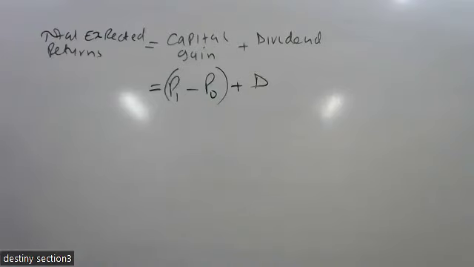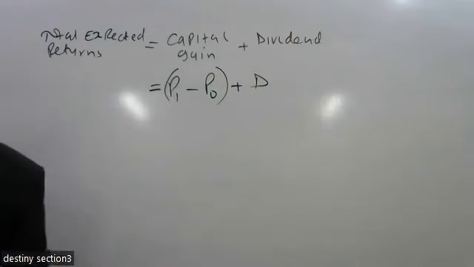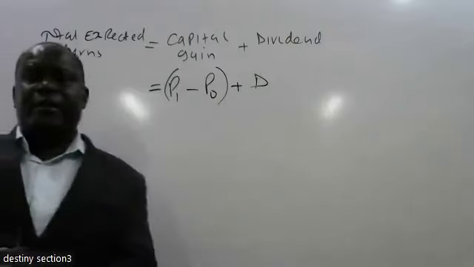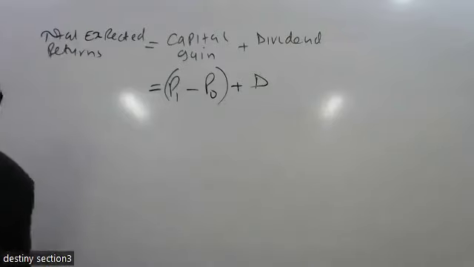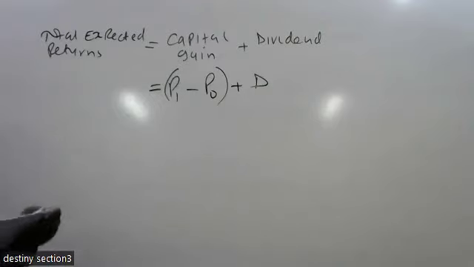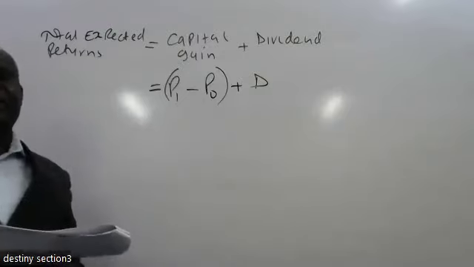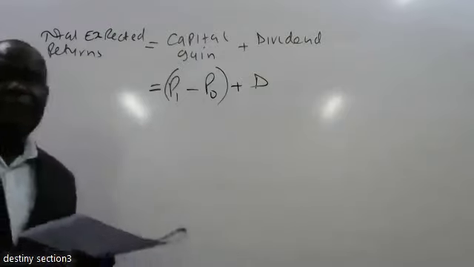So capital gain is simply the difference between the price at the end of the year minus the price at the beginning of the year. That's the gain you expect from the share. So beginning price is our P0, ending price is our P1, and we can now calculate for each.